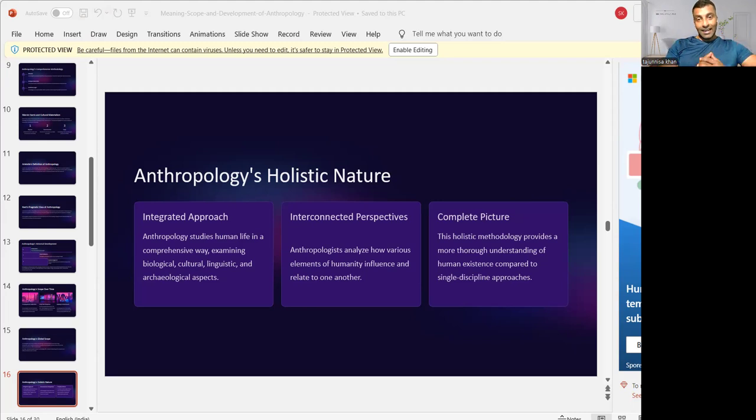All these are interconnected and not separate. If you study them separately, these are partial understandings of reality. But anthropology gives a complete understanding of reality. It's a holistic view, a multidimensional approach. The comprehensive study of humanity, that's the next slide.